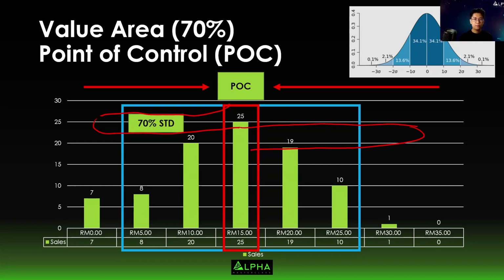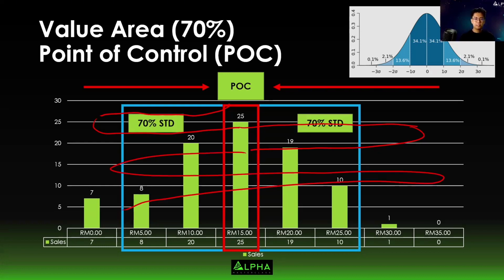And what you guys are seeing is what we call the 70% region. The price will just move within this, left and right a little bit, around the POC. And if you take a step back and view it, yes, correct, this is exactly what you guys are seeing as a bell-shaped curve.